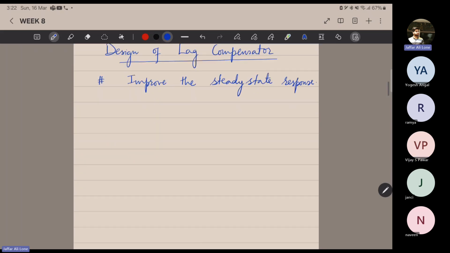It's always connected in the forward path. When we studied the controllers, we said the controllers are always connected in the forward path. Similarly, these compensators are also connected in the forward path.